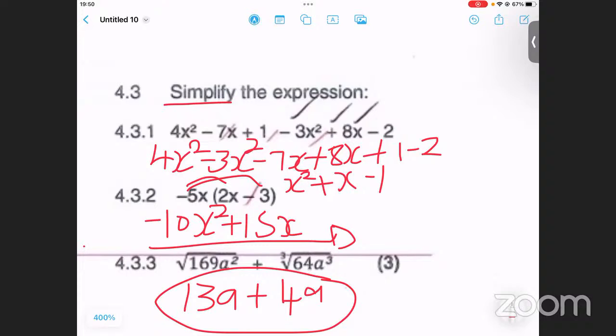I just need to know, did you put on your calculator, say, square root of 169a squared, and then you got this? Did you put this whole thing on your calculator? Do you have an a on your calculator? No, ma'am, I didn't put the whole thing. What did you do?